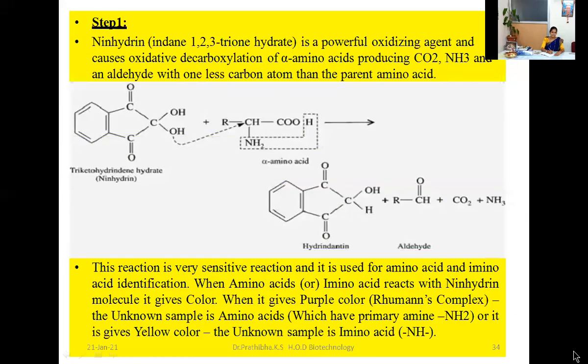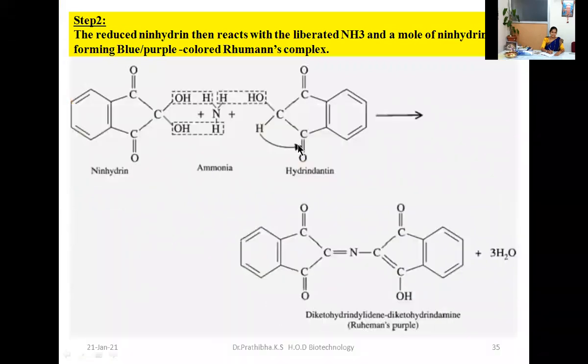So what has happened here? You got here the reduced ninhydrin, which reacts with the liberated ammonia and with another molecule of the ninhydrin. So we can see how that reacts. This is the reduced ninhydrin which reacts with the other molecule and the liberated ammonia.